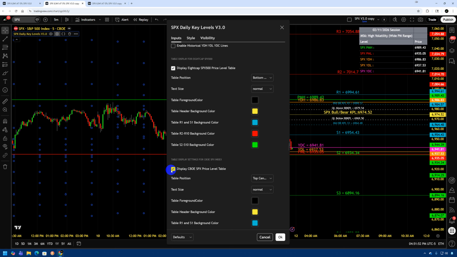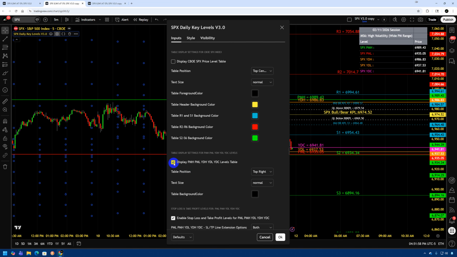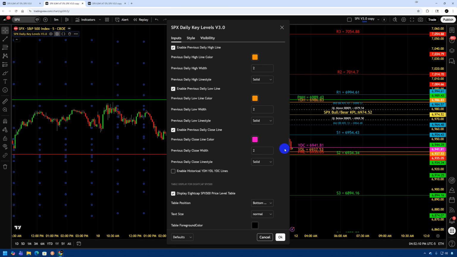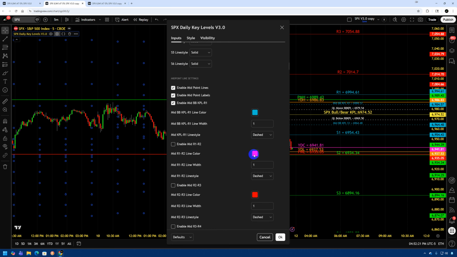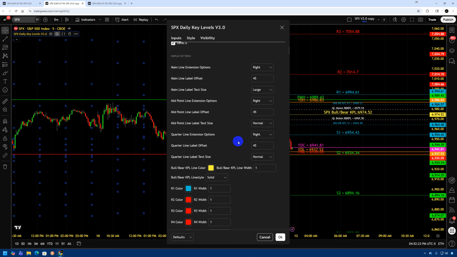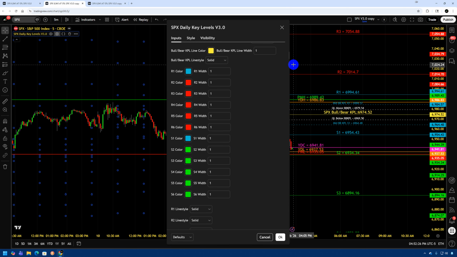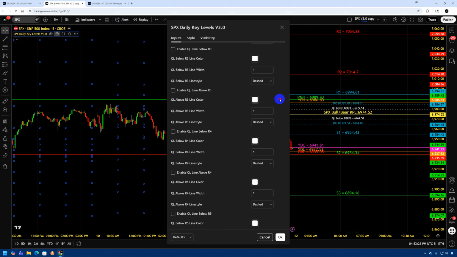So just uncheck the CBOE SPX price level table as well as the PMH PML table. We don't have historical QL levels, but just to get these off of here, turn off the QL levels in the QL levels section.